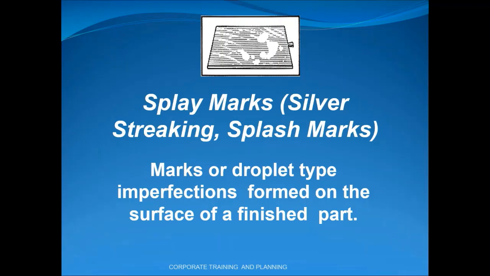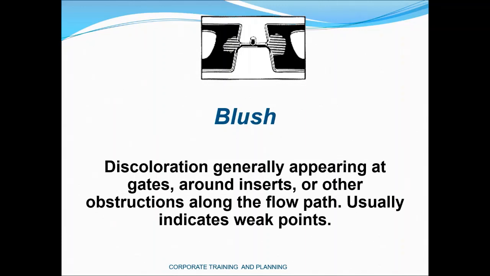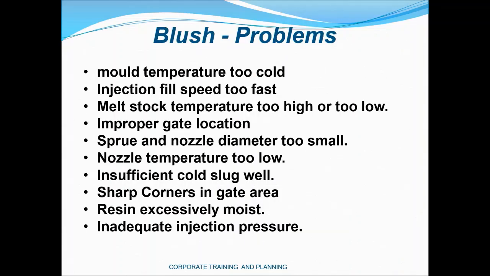Stretch blow molding is the process in which stretching is done before blowing. Types of stretch blow molding are injection stretch blow molding and extrusion stretch blow molding. In injection stretch blow, the PET preform is injection molded in the first stage.